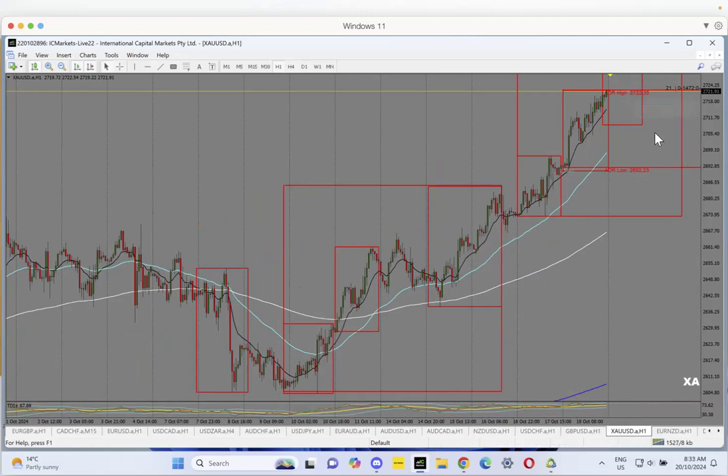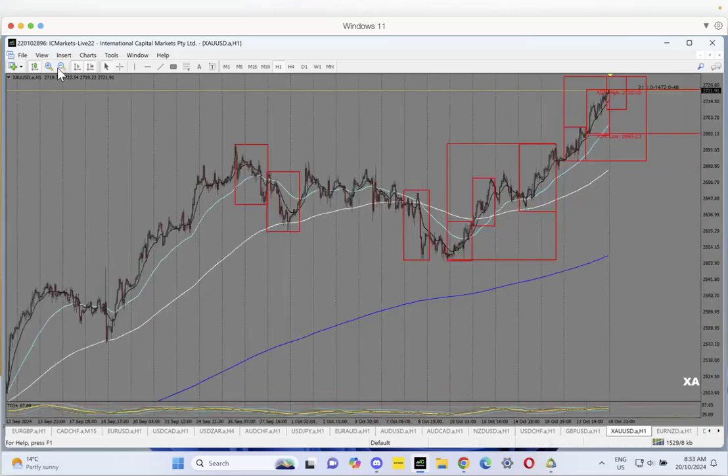After that pullback, we form another 4-hour level that will go up again. So that's going to be interesting. Now, where is the 4-hour level going to form? There's a high possibility that your pullback is going to come maybe in that high there.